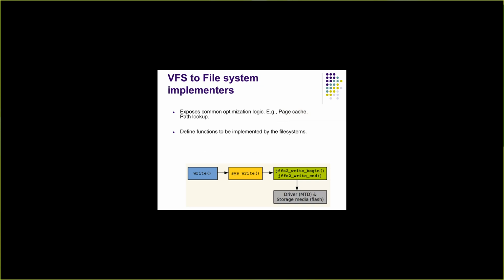or irrespective of the file system implementation. So for instance, page cache, path lookup, everything that is supported by Linux can be used by all the file systems because it is implemented in VFS. The only thing file system implementers have to do is to remember the mapping from inodes to the blocks of the block device.